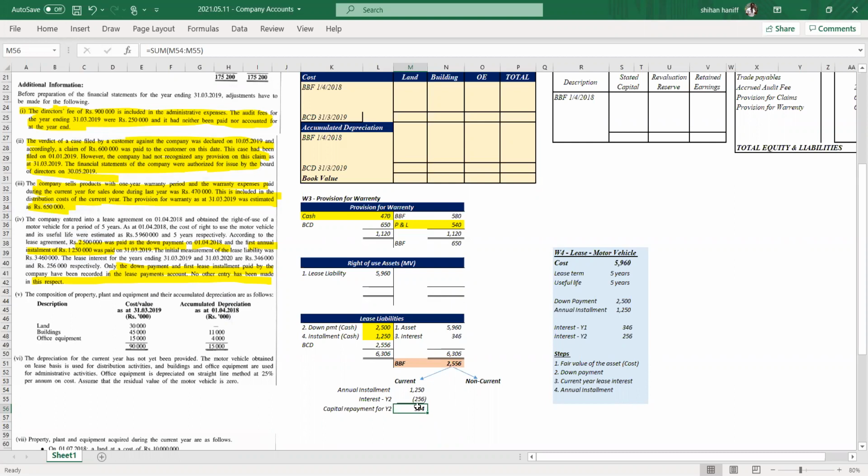Then that is the current liability. Non-current liability means out of balance brought forward. There is a balance brought forward of 2,556. If the current liability is 994, the remaining is non-current liability.